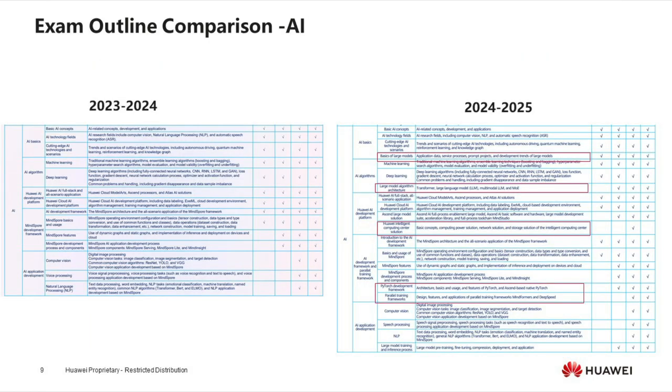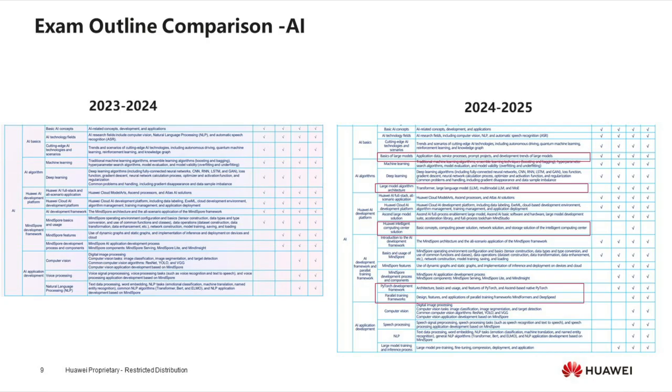Okay, now we have come to the most important direction, or let's not say most important, but a very important direction, which is AI. Just like what I had introduced to you in the beginning, this year AI has added a lot of contents here. When we are doing the comparison between these two tables, you will find that this table has become larger, right?